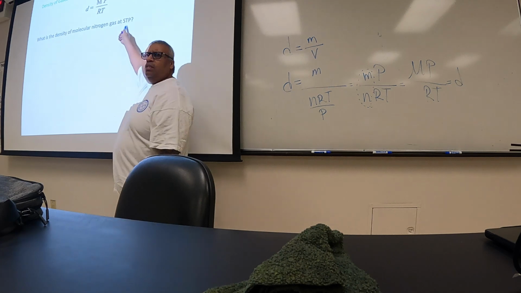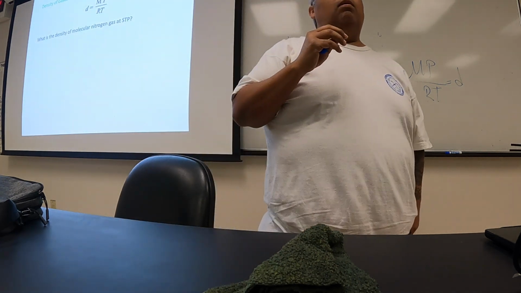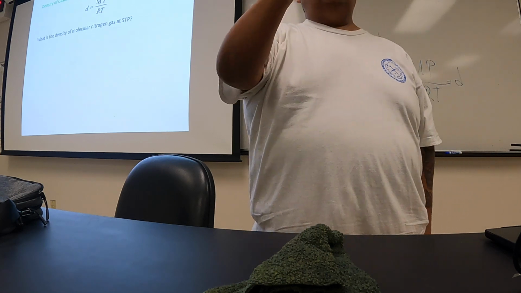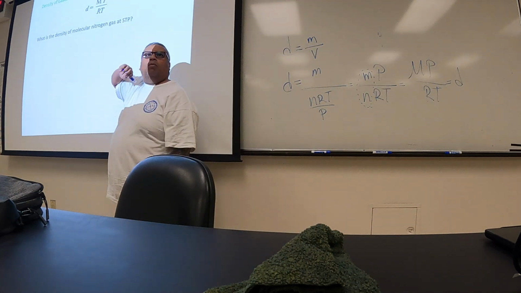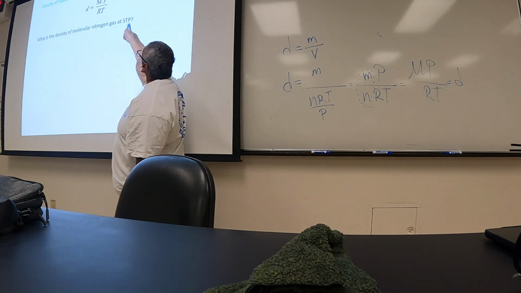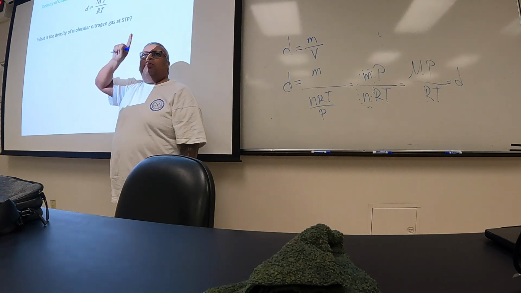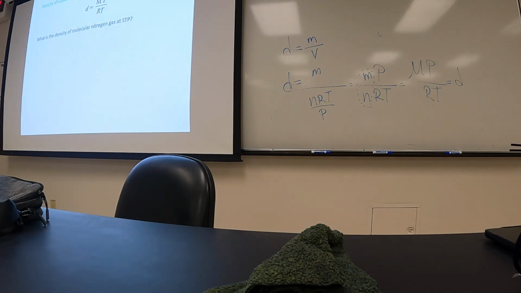Does anybody remember what the standard temperature is? Rhymes with zero. 0 degrees Celsius, right? 273.15 Kelvin. Right? So here, pressure, atmospheric pressure, 1, right? That's standard temperature. So we wanted to know about molecular nitrogen.